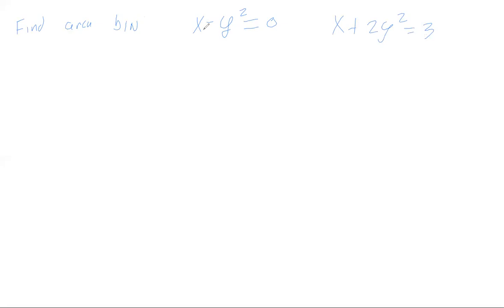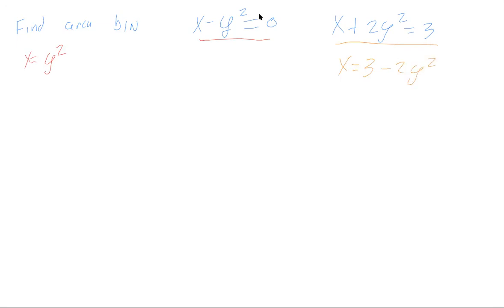If this function right here, we'll do in red, is x equals y squared, which is going to be a parabola that's opening up to the right. If we solve this thing right here, which we'll do in orange, this is going to be x equals 3 minus 2y squared.